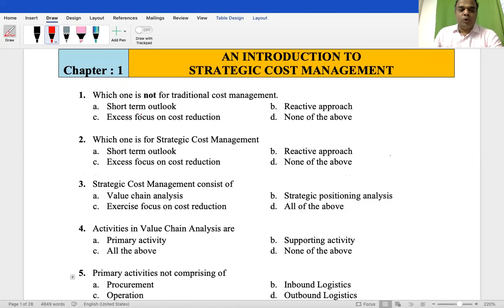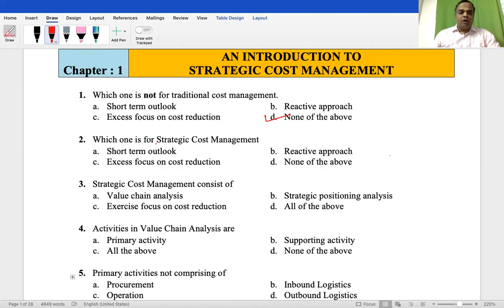A, short-term outlook. B, reactive approach. C, excess focus on cost reduction. And D, none of the above. So all the items are limitations of traditional cost management. Therefore, everything belongs to traditional costing only. Therefore, none of the above is the answer. Good.